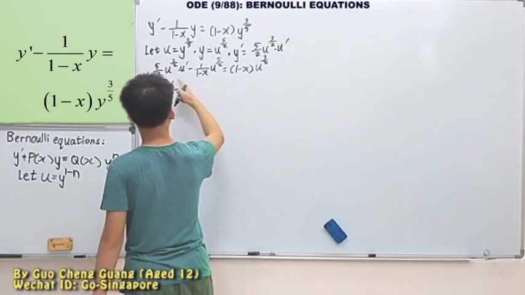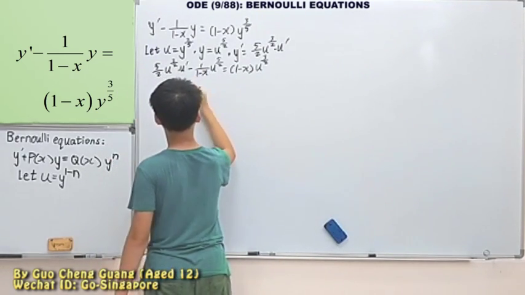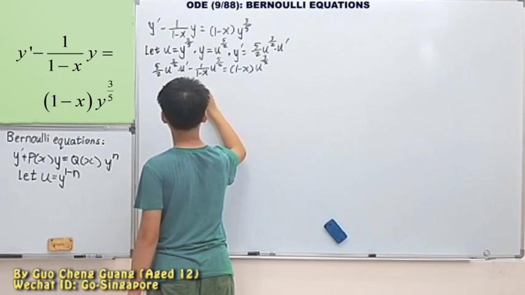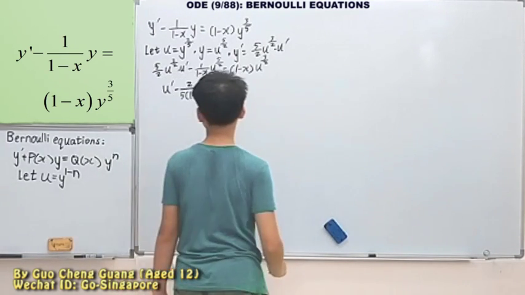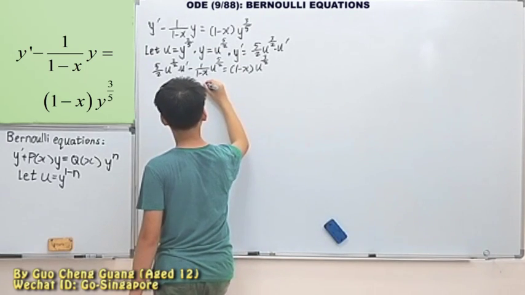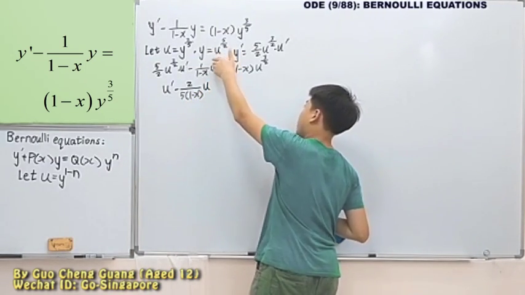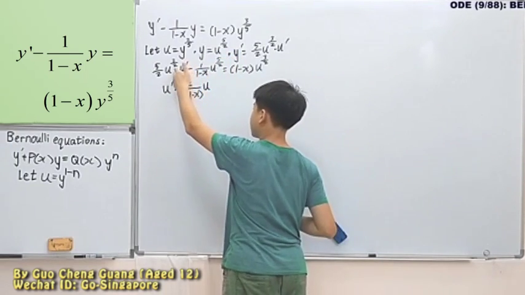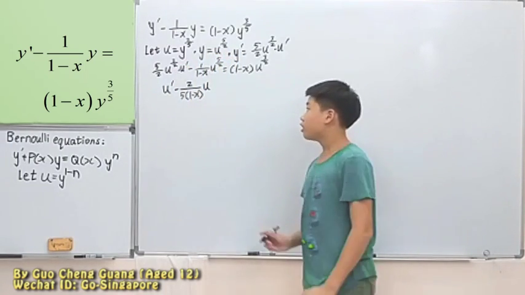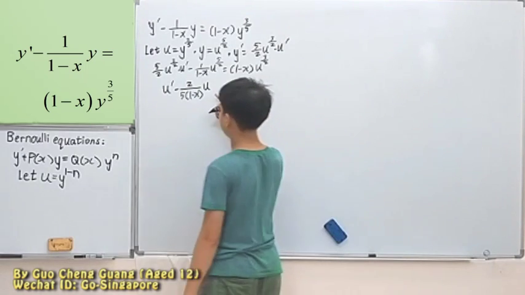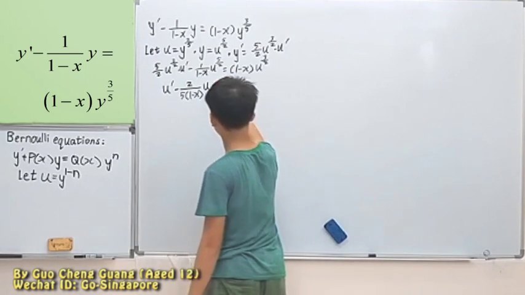Okay. So here you get 2 over 5. Then after that, u. But be careful, this one is to the power of 5 over 2 minus 1, therefore you have 3 over 2, so that means it's just u prime.